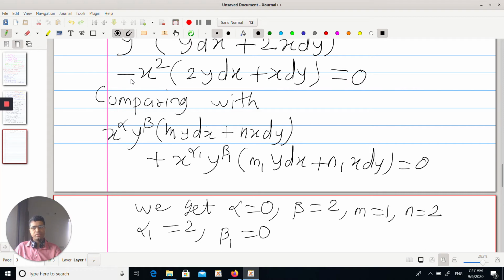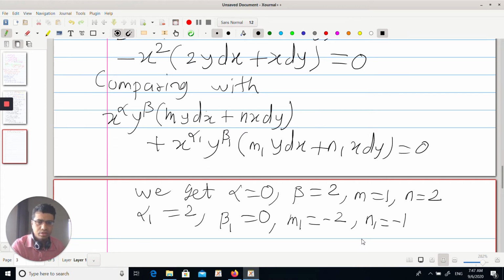We can skip the minus sign, that will not affect the integrating factor. But let us take m1 to be minus 2. Similarly, n1 is minus 1. So we found all the terms.